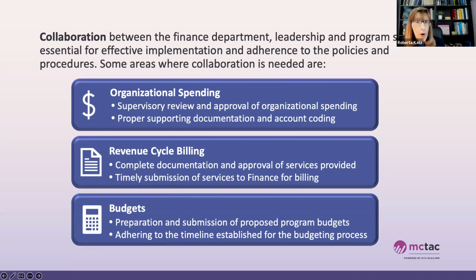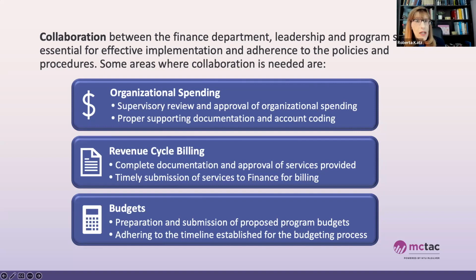Most, if not all, programs and departments throughout the organization spend the organization's funds, and they are responsible for adhering to policies and procedures regarding having supervisory review and approval over the organizational spending, submitting proper supporting documentation, and account coding for the expenses.